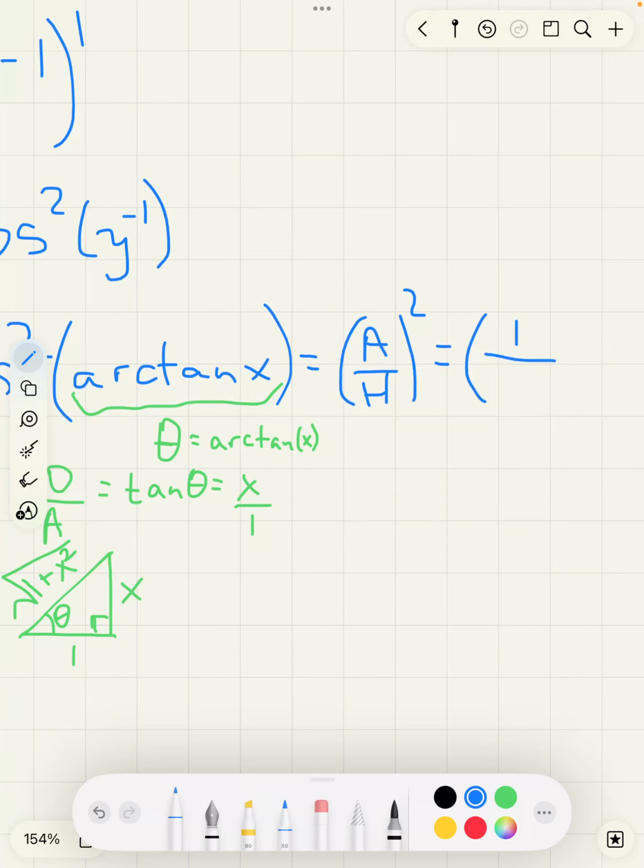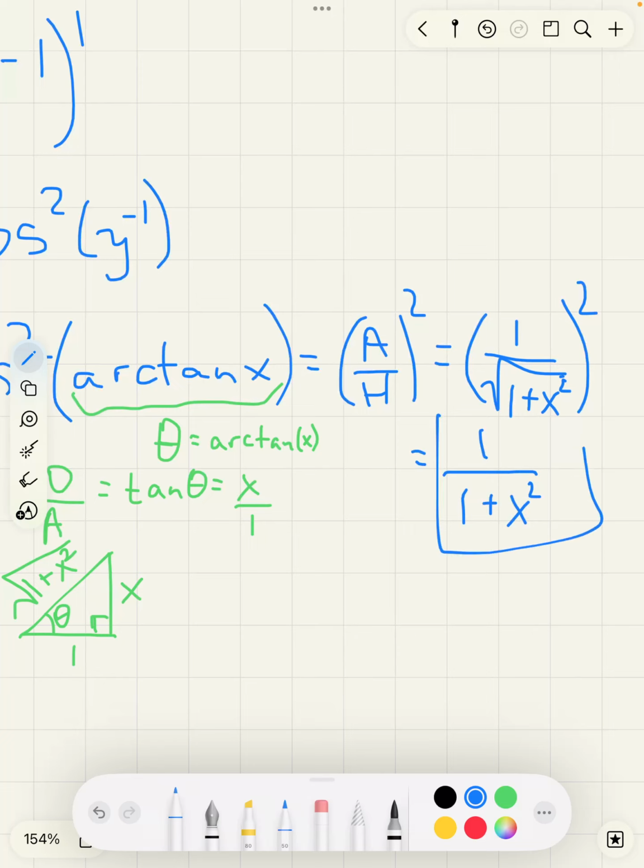And the hypotenuse was the square root of 1 plus x squared. Now when I square a fraction, remember you're squaring both the top and the bottom. And 1 squared is 1. Square root of anything squared is just the inside. So in this case, 1 plus x squared. And that is the derivative of arctangent x.